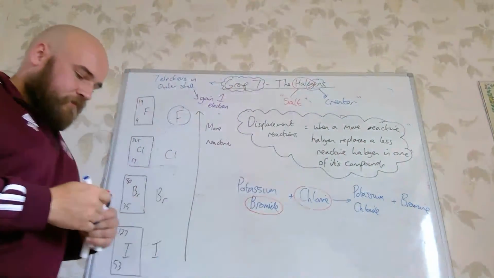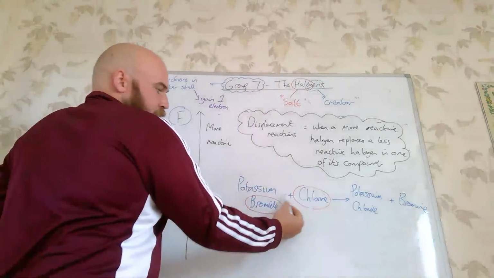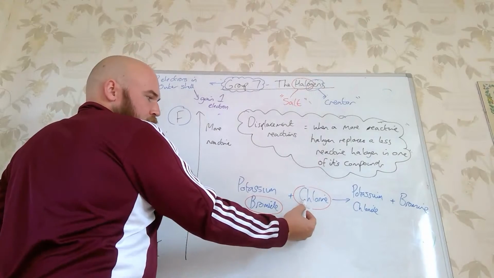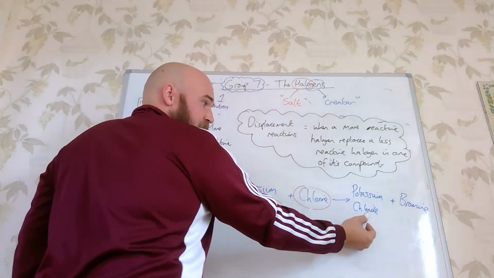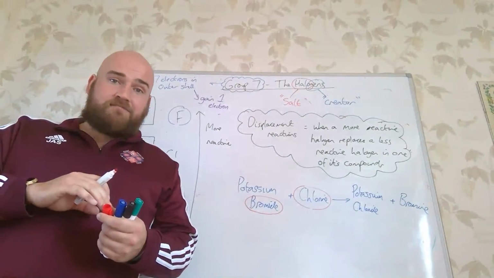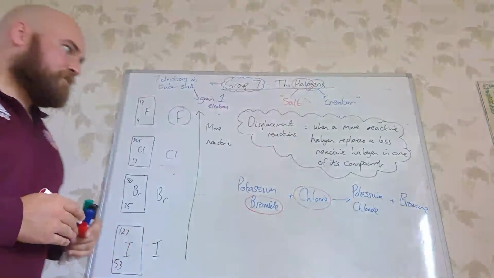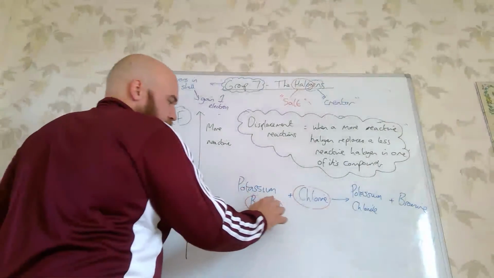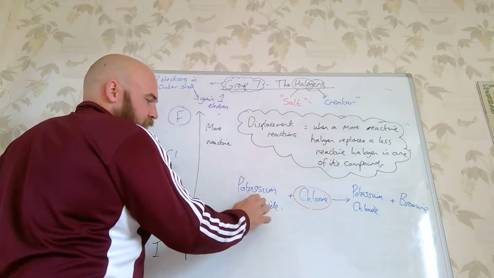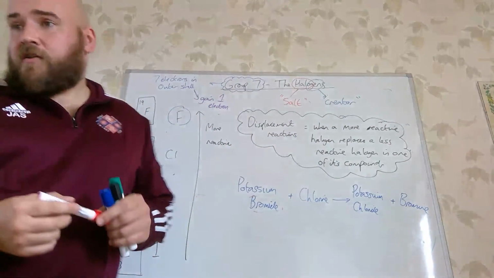Okay, and again, notice the language here. Potassium bromide plus chlorine makes potassium chloride plus bromine. So the chlorine replaces the bromide to make the chloride, and then bromine will be released. All right. So again, word equations, very important, and congratulations to anyone else who got that.